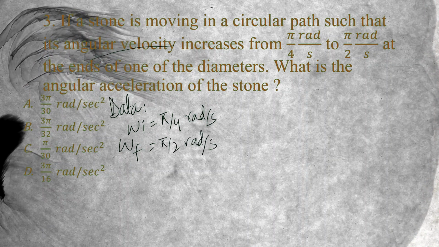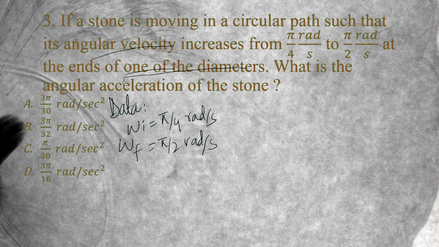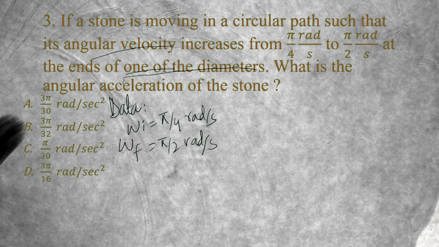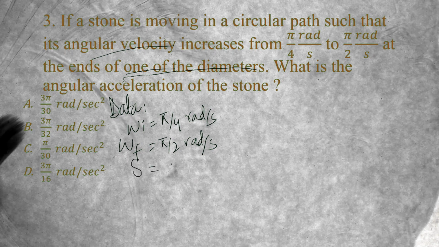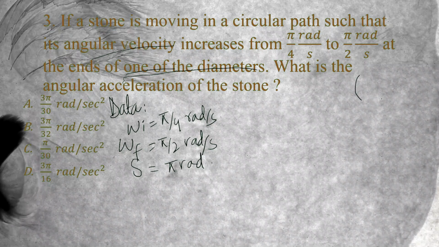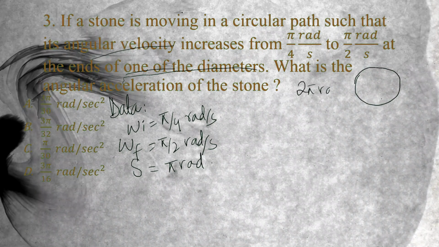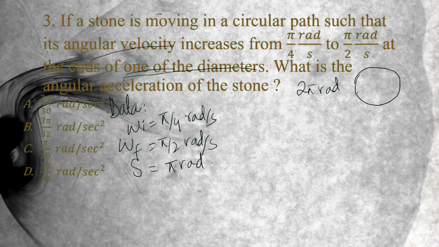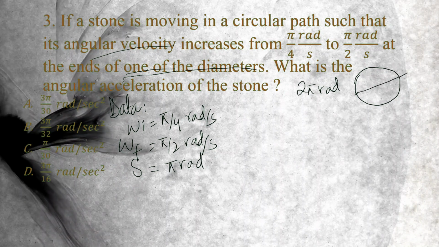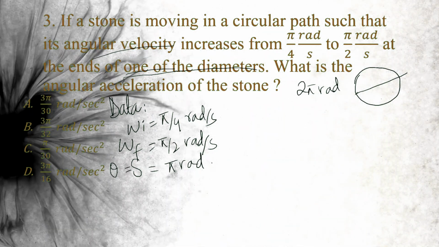At the end of one of the diameters, what does it mean? It means the distance covered is pi radian. How do we know? In a complete circle the distance covered is 2 pi radian. So when they are asking at the end of one of the diameters, it will be pi radian, and we symbolize it as theta in angular quantity.